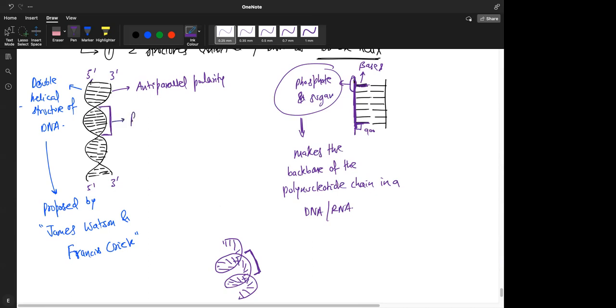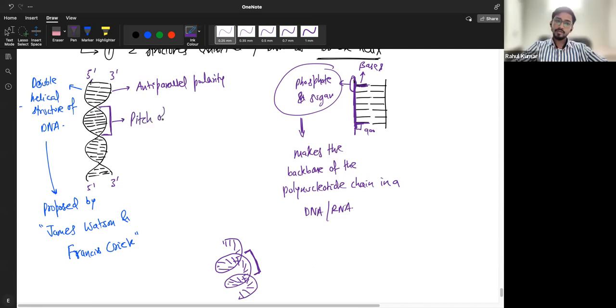This is called the pitch of DNA. One 360-degree turn of the helix, in this case the double helix, is called the pitch.